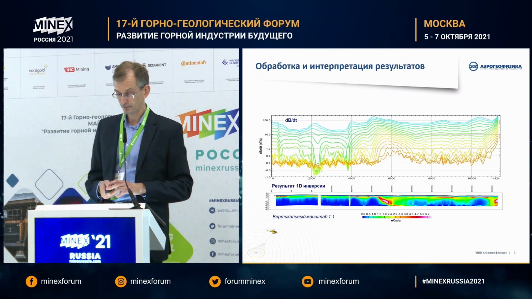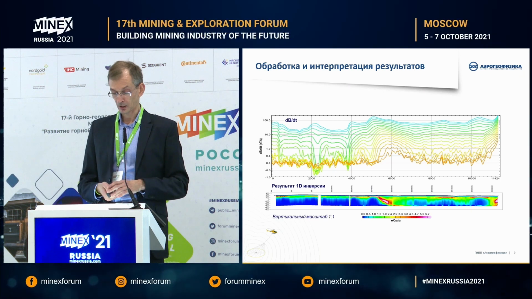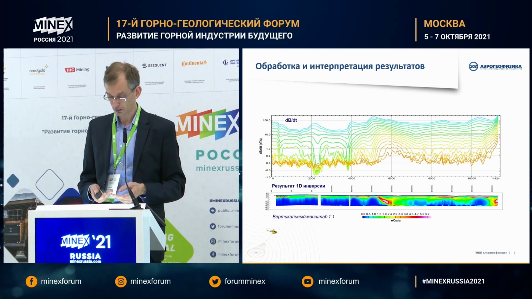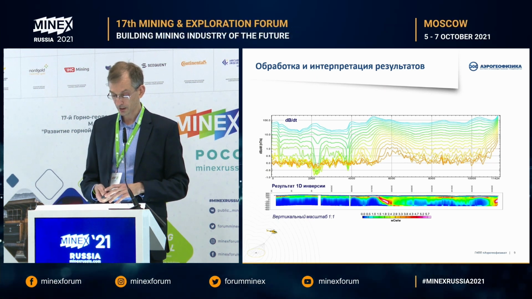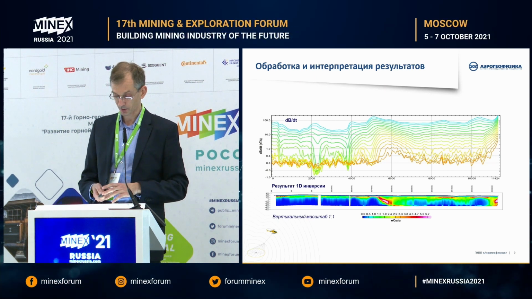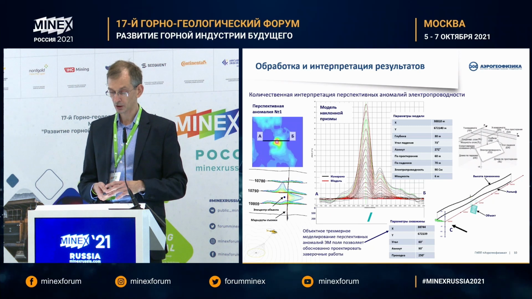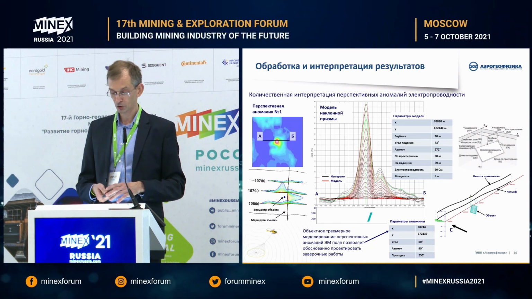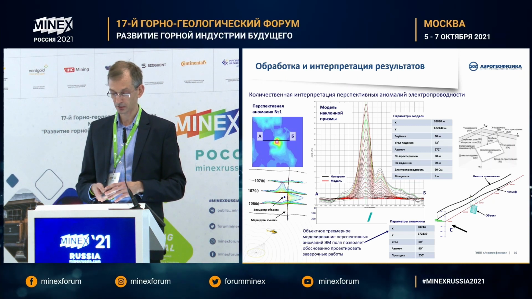Here on this slide you see our approaches relating to interpretation of the data collected. Interpretation starts from the building up of geoelectrical sections. We use for this purpose a one-dimension inversion algorithm with spatial regularization. And once these models are no good, then for certain anomalies we use object simulation.